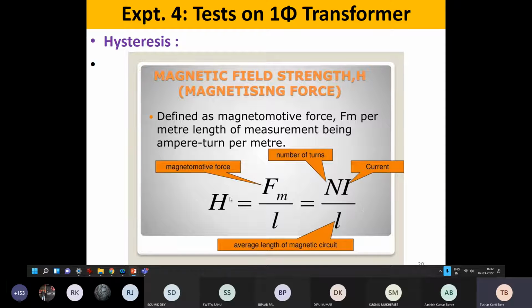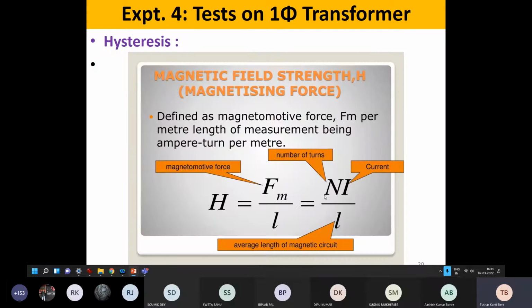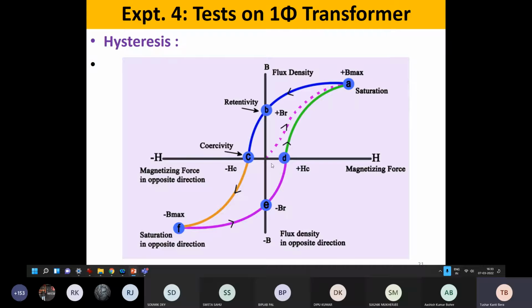So this is H, and B is plotted over H. If we increase the current, we see a lot of flux, but after some time there will be a saturation point, and beyond it we increase the current but the flux will not increase. If the flux is not increased, then automatically the flux density will also not increase.